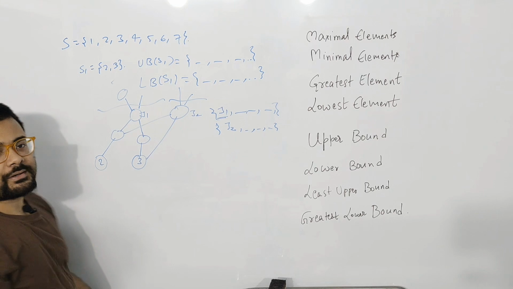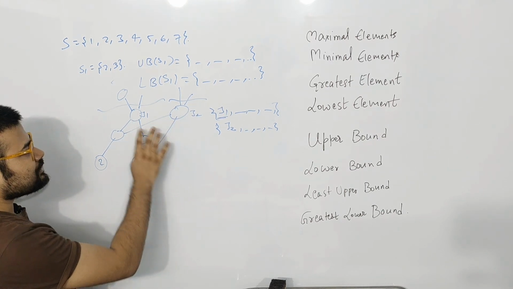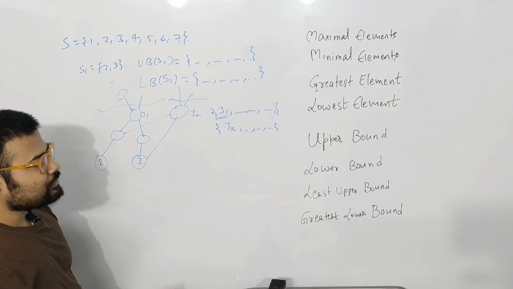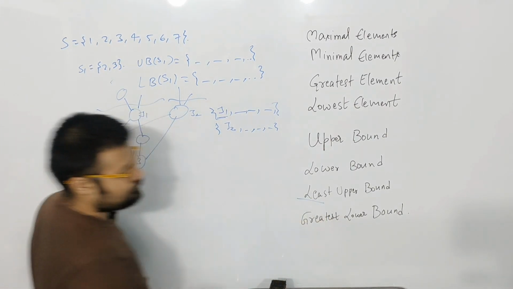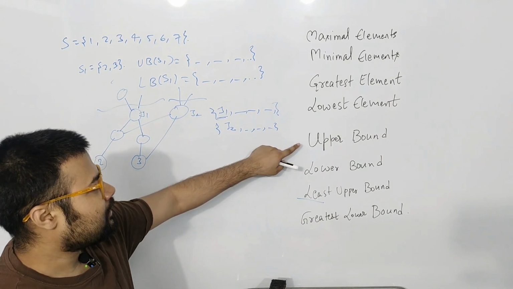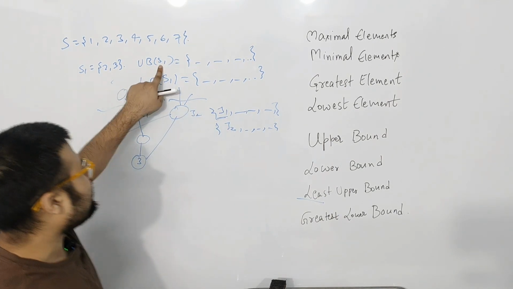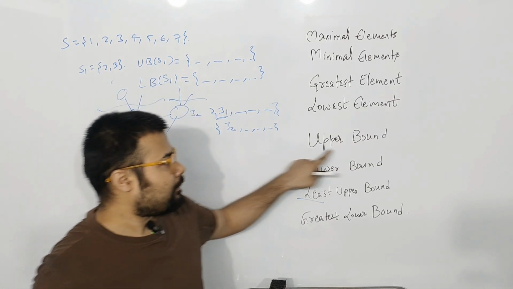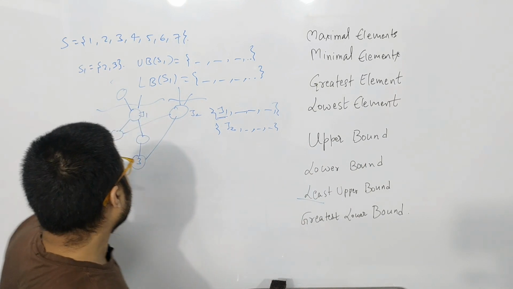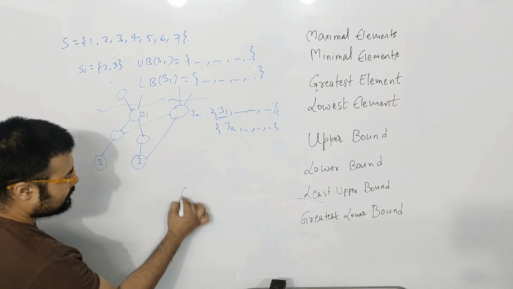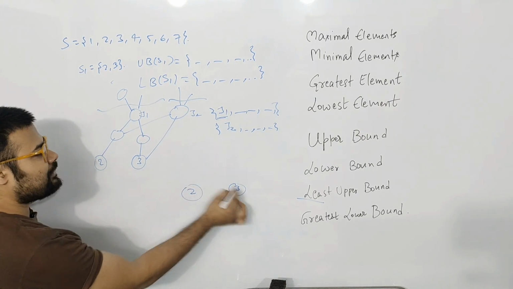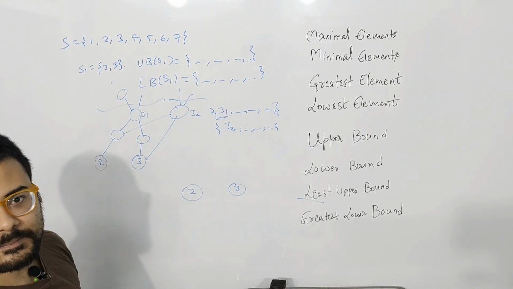Now, if you have a unique join, meaning you don't have more than one join point, then that unique join is the least upper bound. So what I mean to say is this: for a given set S1, the upper bound may be an empty set. This may be the case that you have 2 and 3 and they don't have any join point.